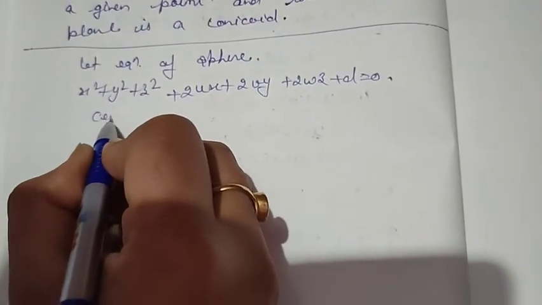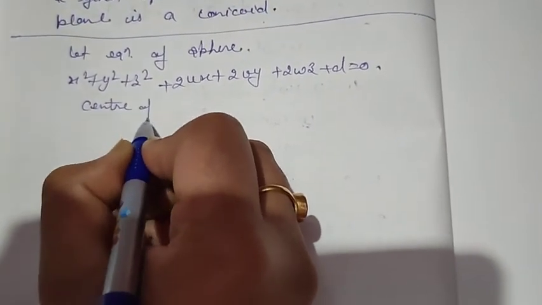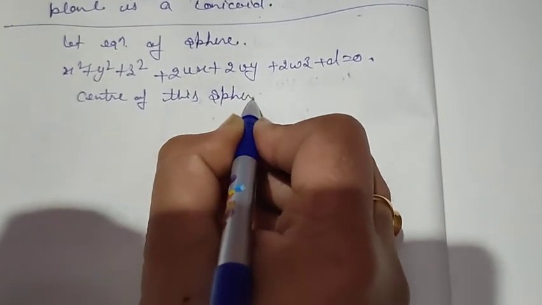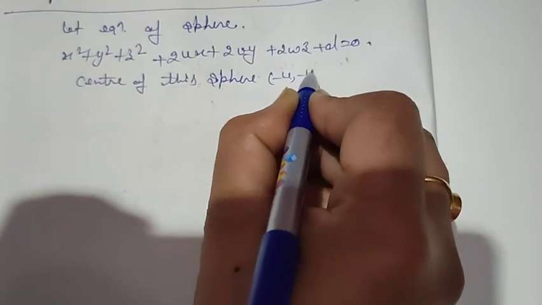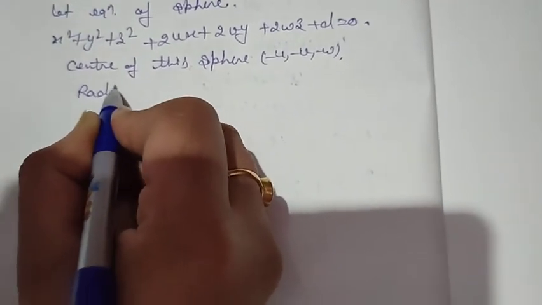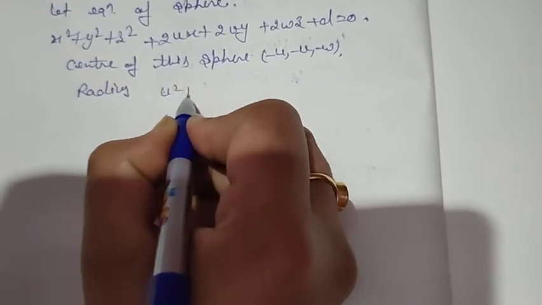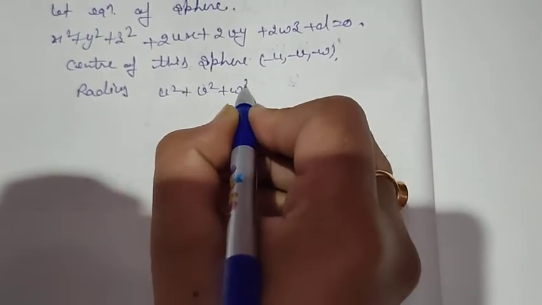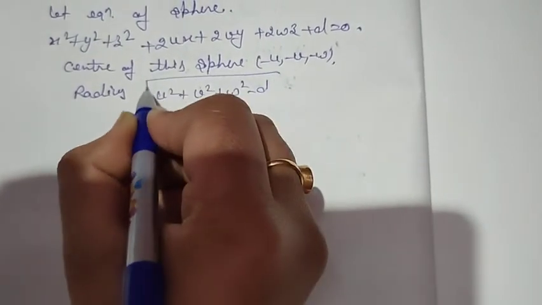The center of this sphere is (minus u, minus v, minus w), and the radius is the square root of u square plus v square plus w square minus d.